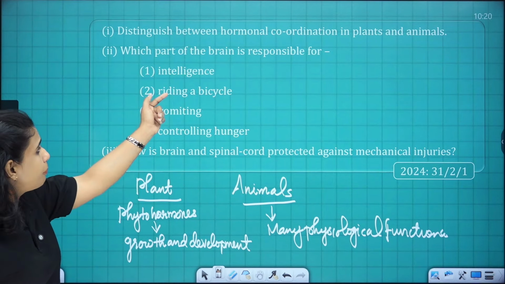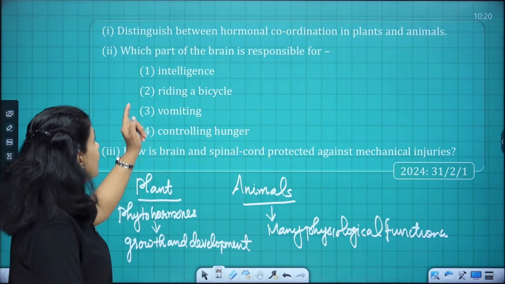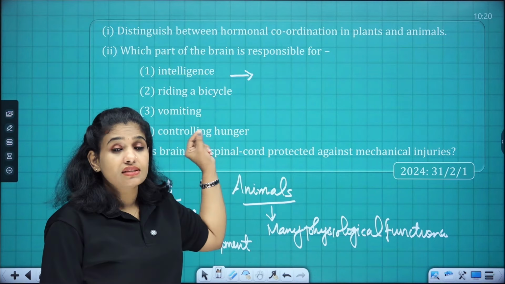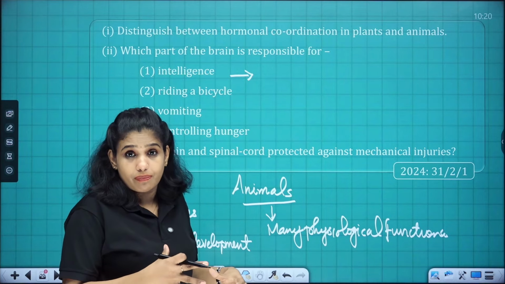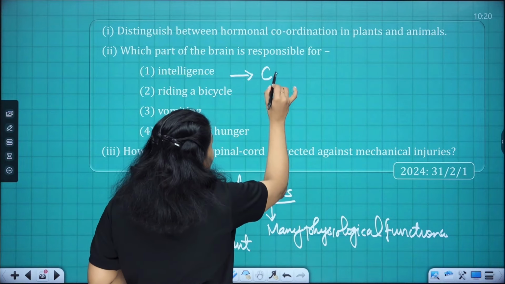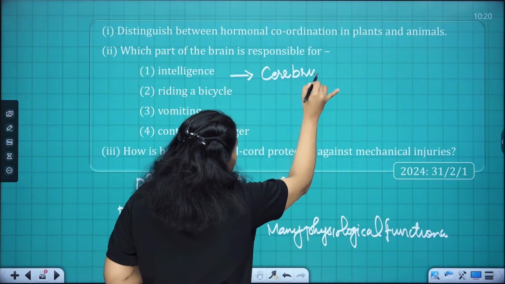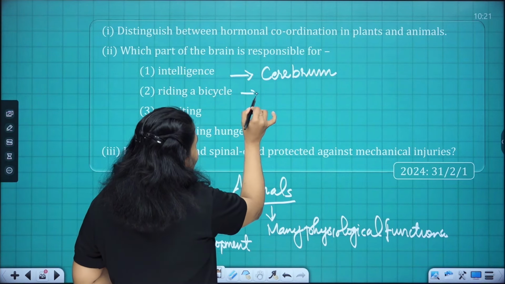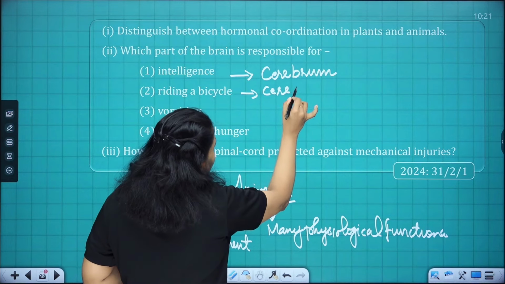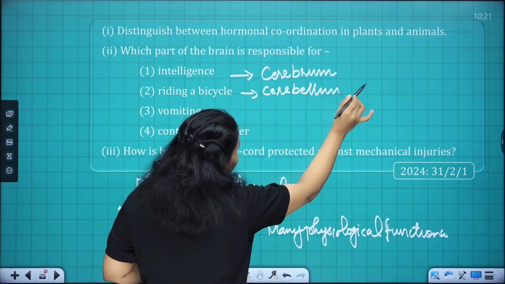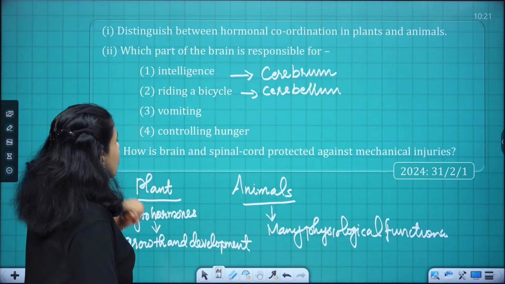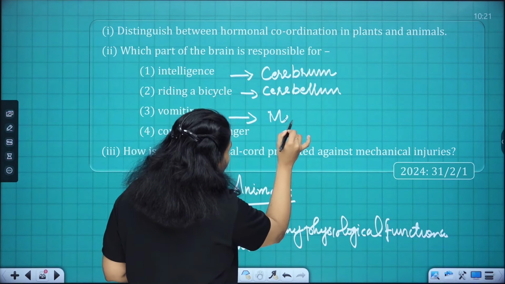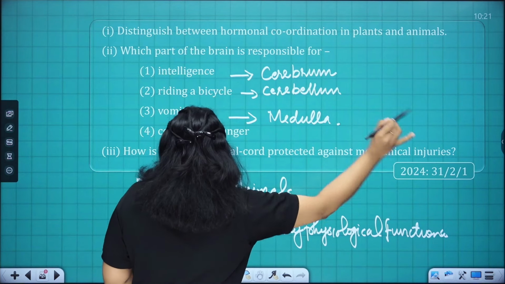Now, which part of the brain is responsible for intelligence? Intelligence is controlled by the forebrain, especially the part called the cerebrum. And riding a bicycle, which is balancing, that is the cerebellum. Balancing of the body is the cerebellum. Vomiting is an involuntary action, and involuntary actions are controlled by the medulla oblongata.